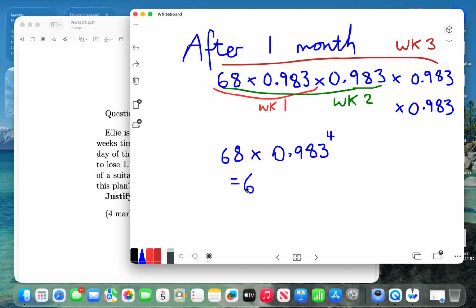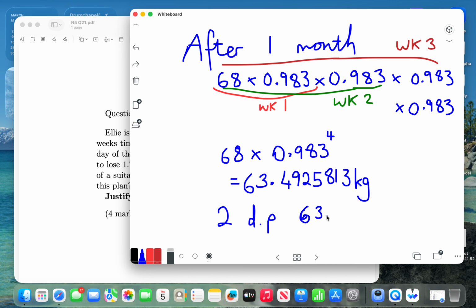And we get 63.4925813 kilograms. But to 2 decimal places, we get 63.49.